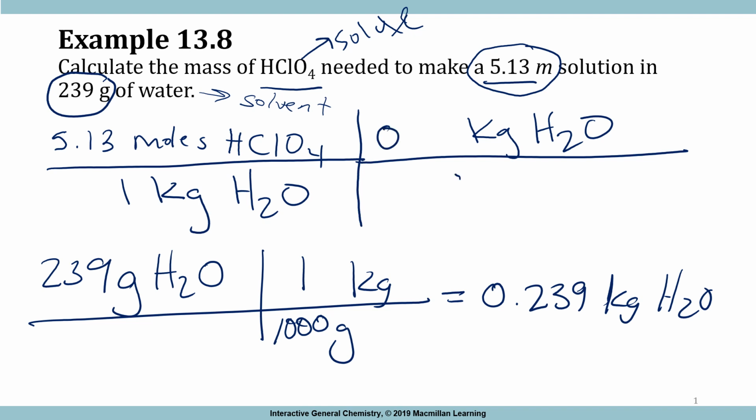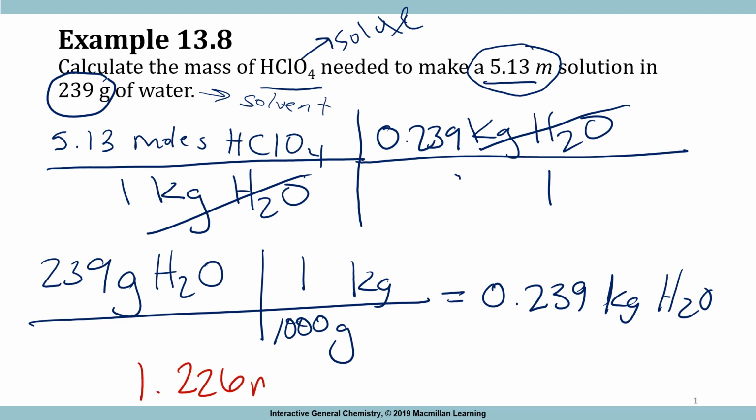So that's going to go 0.239, and I'm going to put a 1 on the bottom. So those kilograms are going to cancel, and now I'm going to be left with just moles of HClO4. So I calculated 1.226 moles of HClO4.